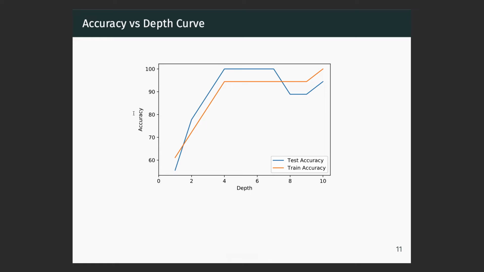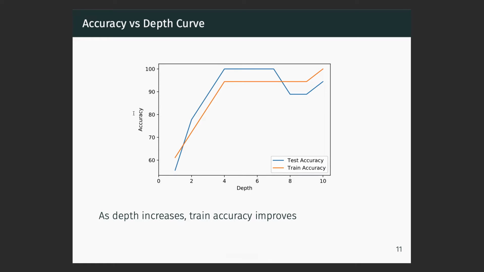Why is the orange train curve telling us low accuracy when the depth is low? Because we've made a very incorrect biased assumption about the depth of the classifier being 1, which will lead to poor train accuracy, which will indeed also lead to poor test accuracies, right? Because it's not a square that you've constructed.